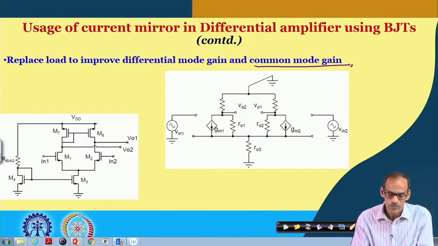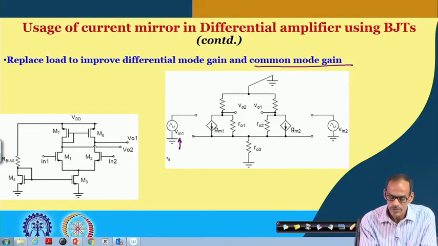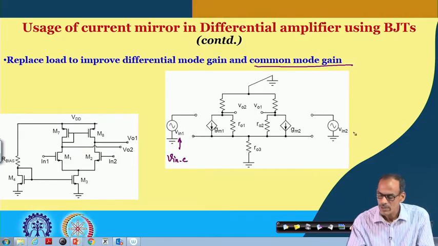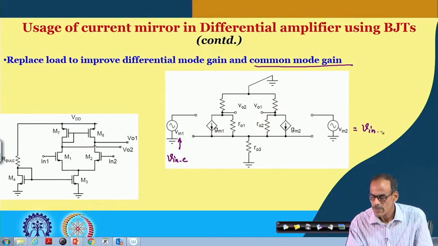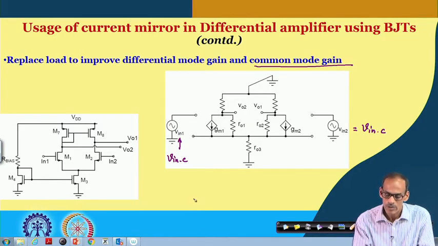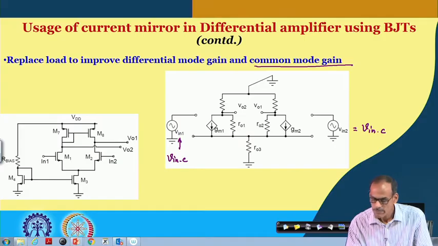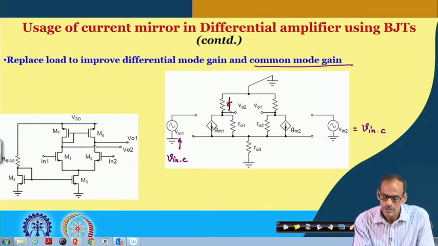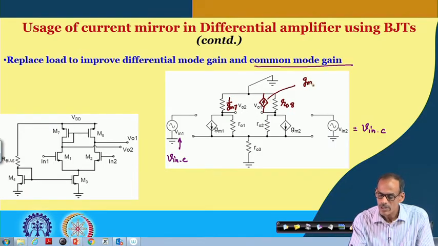For common mode operation, this is Vin C, this is also Vin C, and however, this resistance is approximately 1 by GM7, this is RO8, but it also has a voltage dependent current source, which is equal to GM8 multiplied by VGS, which is the same as VO2.